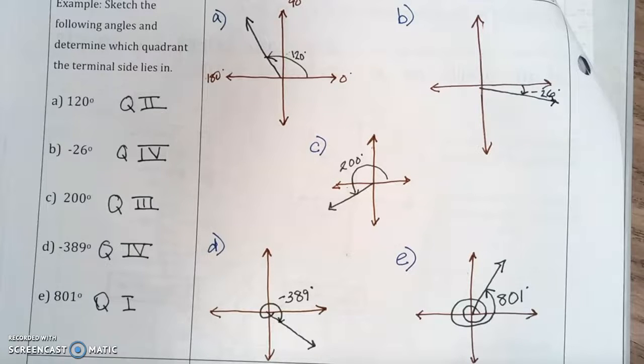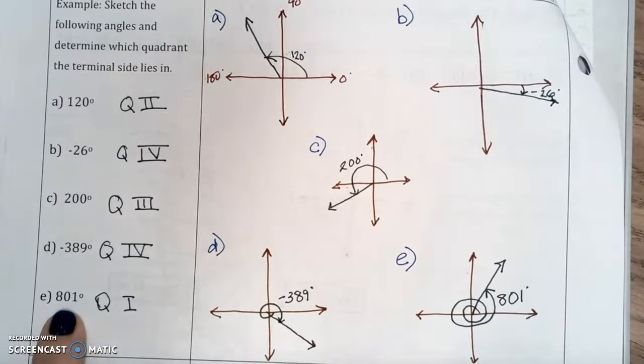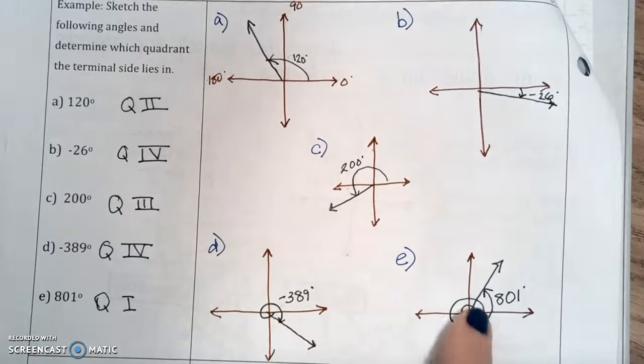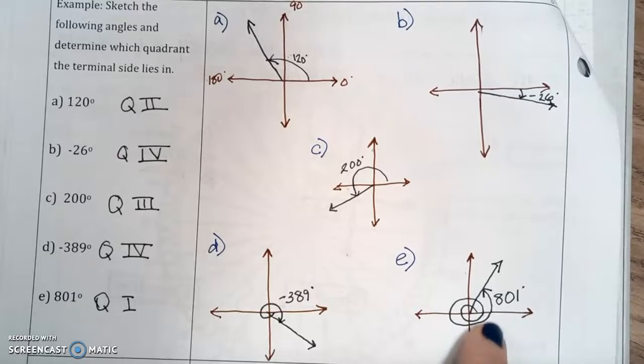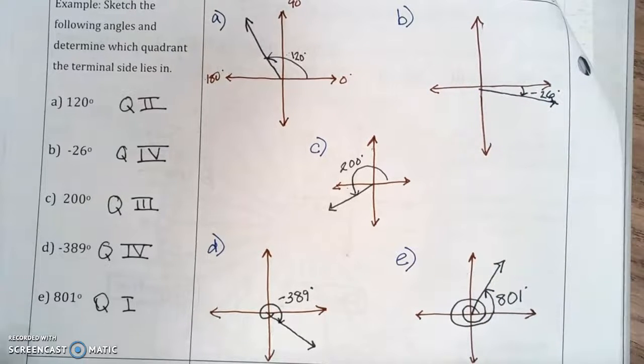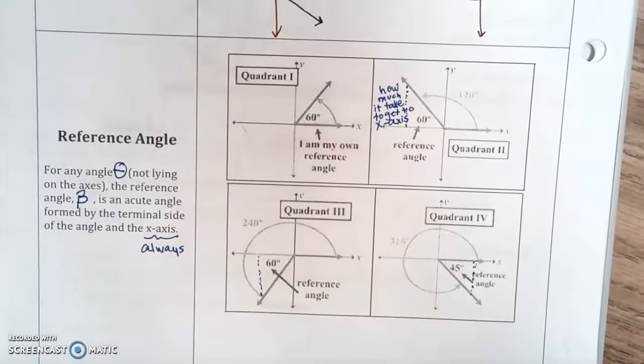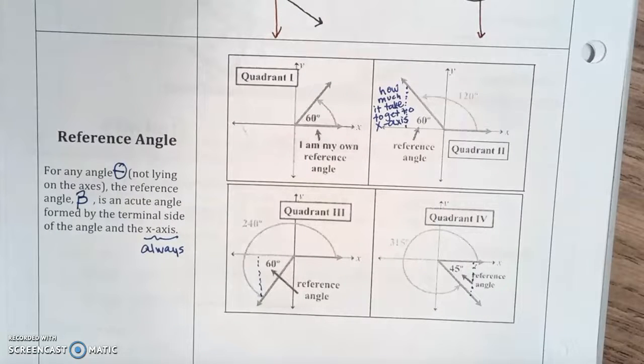And then for part E, we've got positive 801 degrees. So that's 2 full loops plus a little bit more. So we end back up in quadrant 1. Not a super lot to write down here, but there's a few things, okay?